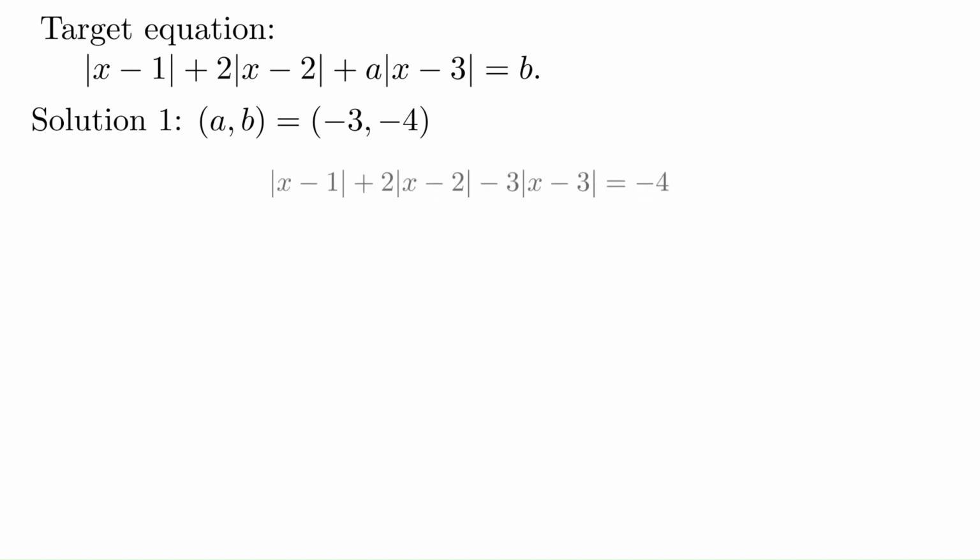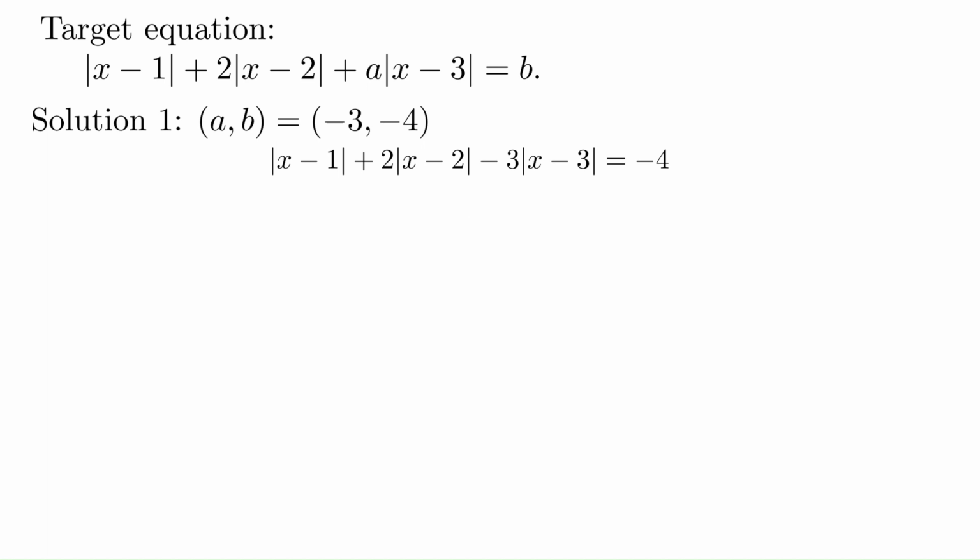Plugging them in, we have the equation absolute value of x minus 1 plus 2 times absolute value of x minus 2 plus a, which is negative 3, times absolute value of x minus 3 equals b, which is negative 4. This equation has infinitely many solutions.